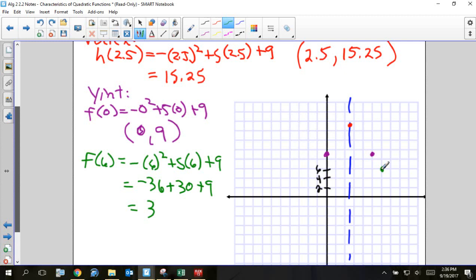I feel like my graph doesn't look right. Does your graph look the same as mine? Anybody? Does it look the same as mine or not? Just 2.